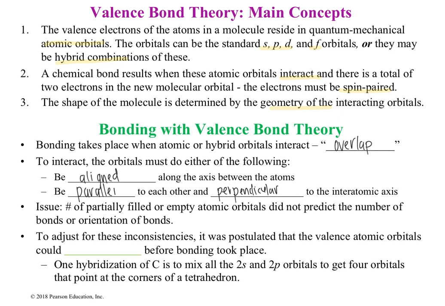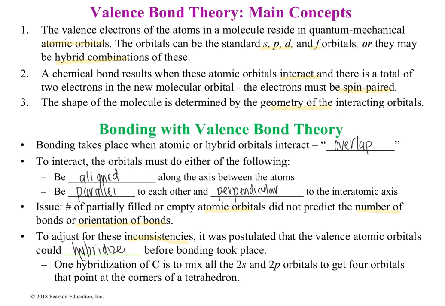The issue that we see, though, is that when we talk about atomic orbitals, this doesn't actually help us predict the number of bonds or the orientation of the bonds. We saw that in hydrogen sulfide. The bond angle wasn't what we see for that molecule. So to adjust for that, we're going to hybridize, or mix, the atomic orbitals.